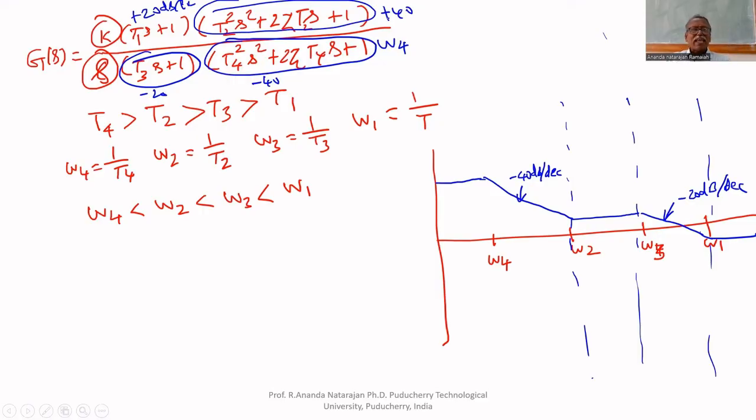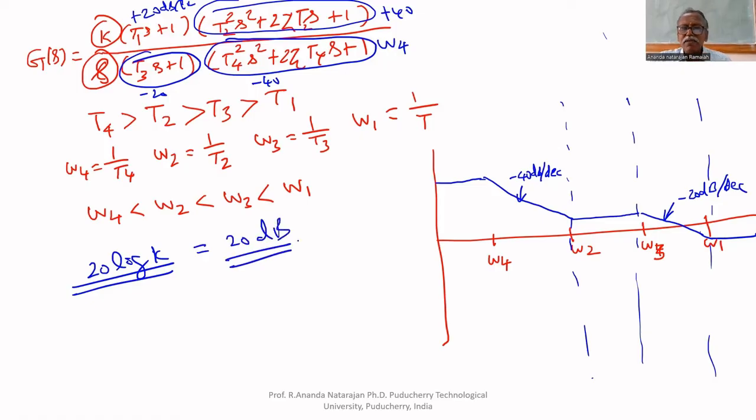Now, how to incorporate K and S? What is K? For K, it is 20 log K in dB scale. K equal to 10 means it is 20 dB.